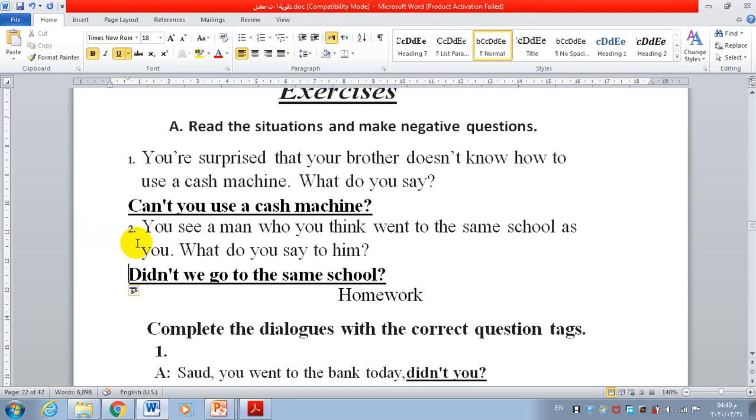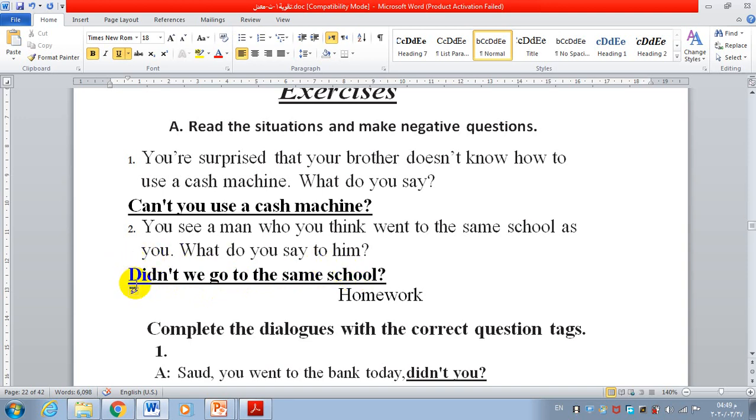Number 2, you see a man who you think went to the same school as you. Here we expect the listener to agree with us. So we use the helping verb did plus not and the subject pronoun, followed by the main verb go and the rest of the sentence.